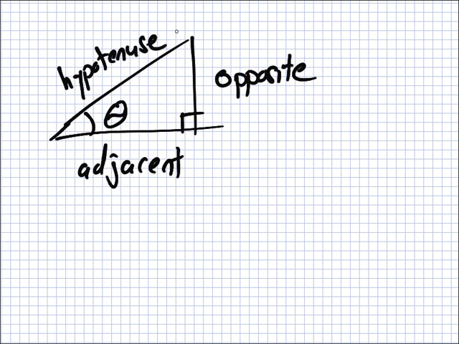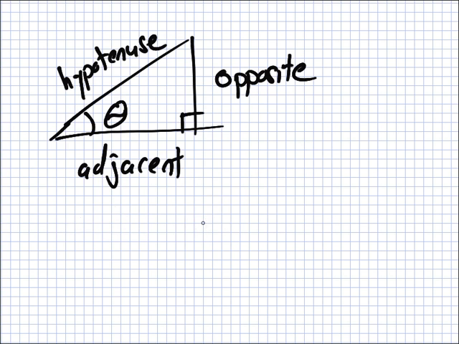They're the 3 sides of the triangle. There are how many ways to compare the sides? So for example, one comparison you could make is you could compare the opposite with the adjacent, for example. Okay, or you could compare the adjacent with the hypotenuse or whatever.